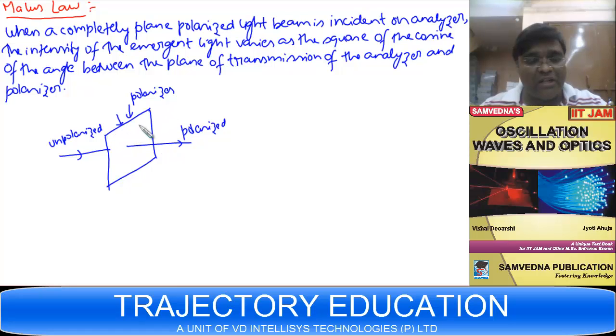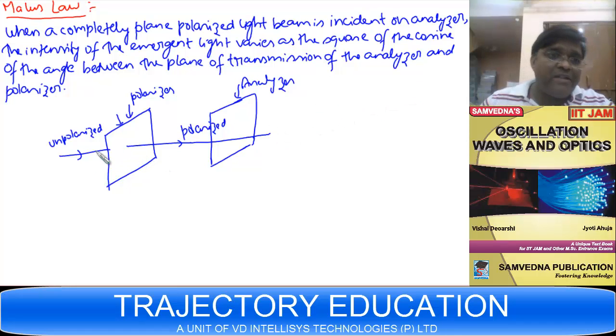When you use the same device for analyzing the light to check whether it is polarized or not, that's called an analyzer.